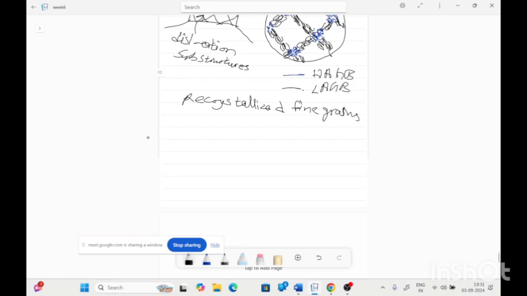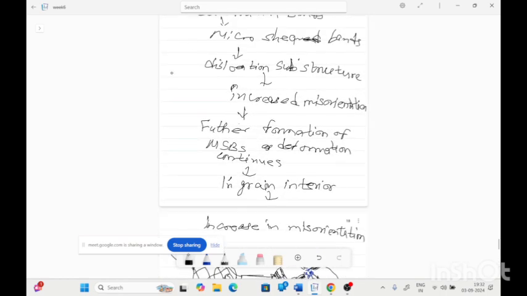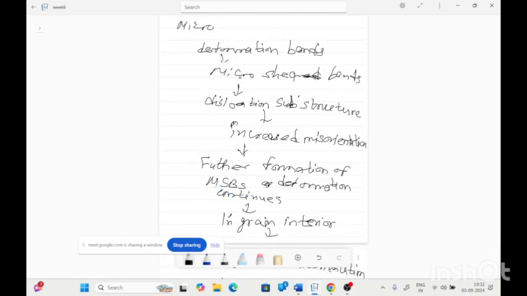So if the misorientation is large enough, in the process of the formation of dislocation subgrain boundaries, the first micro shear bands form and lead to dislocation substructure.